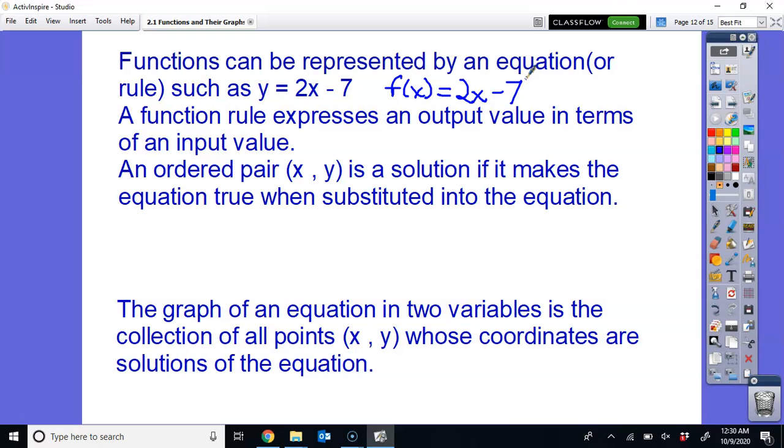And so one of the things that we'll also talk about in this course is how to solve equations. And what you have at the bottom of this page here is a note that says a graph of an equation in 2 variables is the collection of all the points whose coordinates are solutions. That's a big, convoluted sentence maybe in your head, but what that means is, guys, we're going to learn how to graph these functions, not just know what the equation looks like.